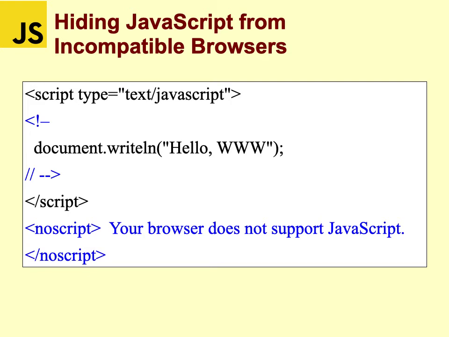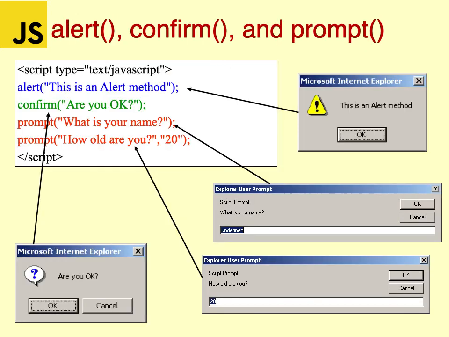If that particular browser does not support it, the script won't be displayed. So for intimating such things, noscript tags are used. Here, noscript, your browser does not support JavaScript, and slash noscript, will be evaluated when there is no support provided by your browser for JavaScript.